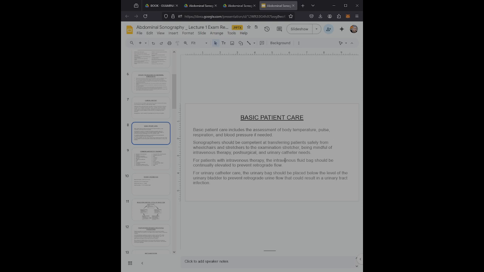For patients with an IV, the IV fluid bag should be continually elevated in order to prevent retrograde flow. For urinary catheter care, the urinary bag should be placed below the level of the urinary bladder, as a means to prevent retrograde urine flow that could result in a UTI. I think that is quite straightforward. Stasis of urine can aid in bacterial growth.